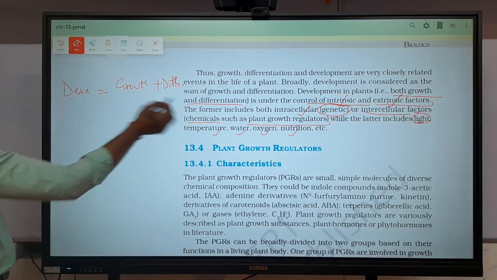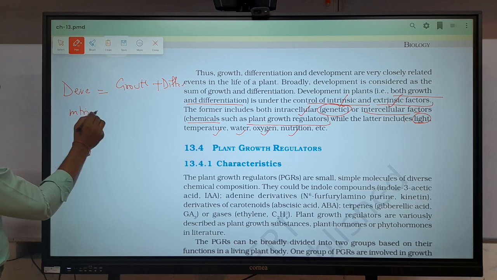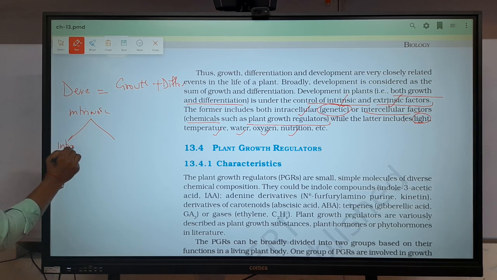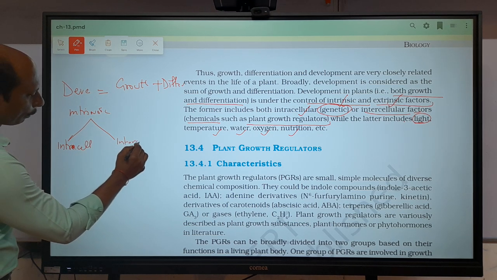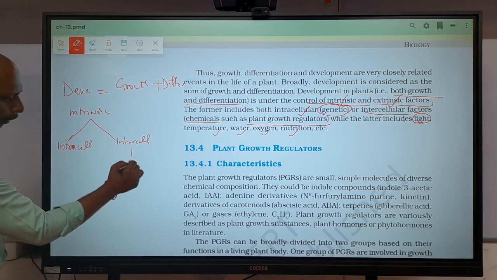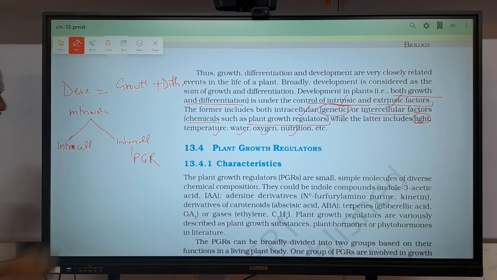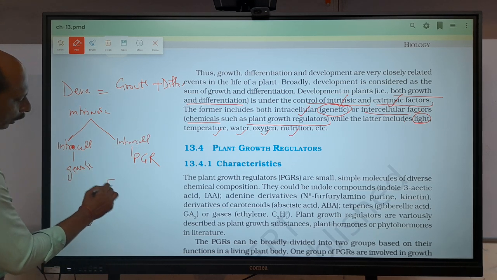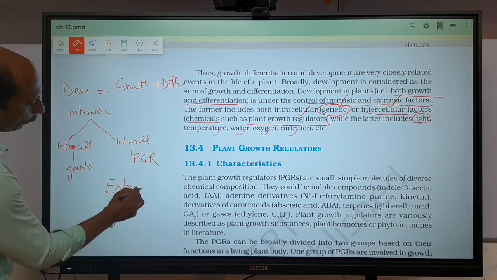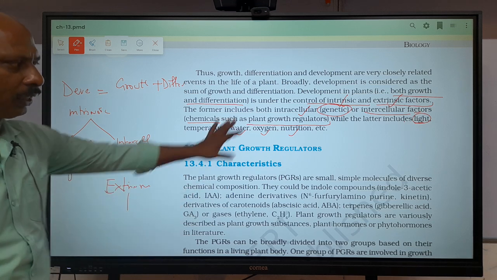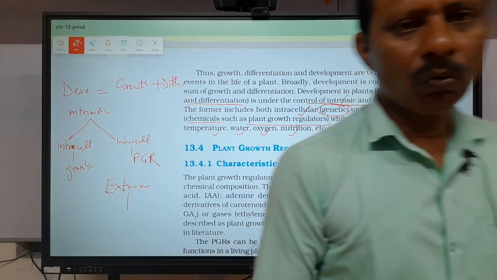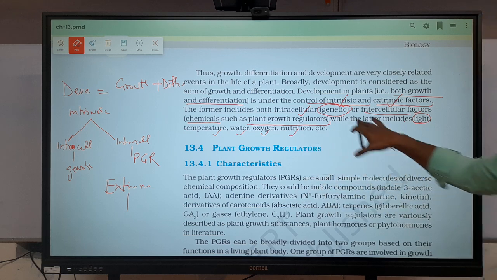Here it is given, they may be intrinsic. We have two types of intrinsic, either intracellular, inside the cell, or intercellular, outside the cell. So these are plant growth regulators and this is genetic, right? And another one is extrinsic. Extrinsic means we have five things given here: light, temperature, water, oxygen, and nutrition.